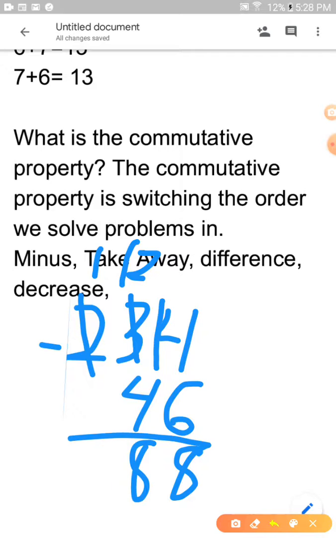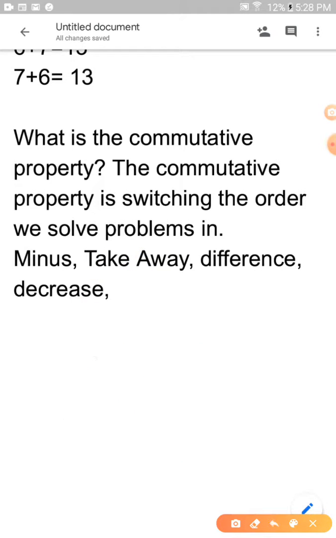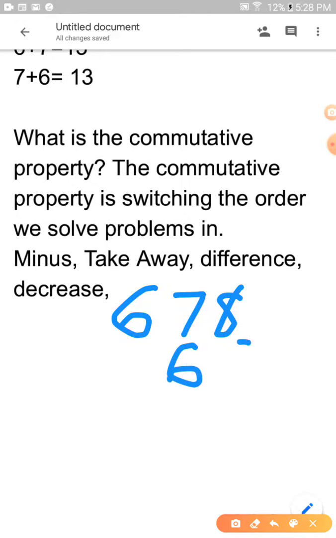Let's try a different problem with borrowing. Alright, let's try something else. Let's try 678 minus 69. Alright, again, we have to borrow, because we can't subtract 9 from 8.